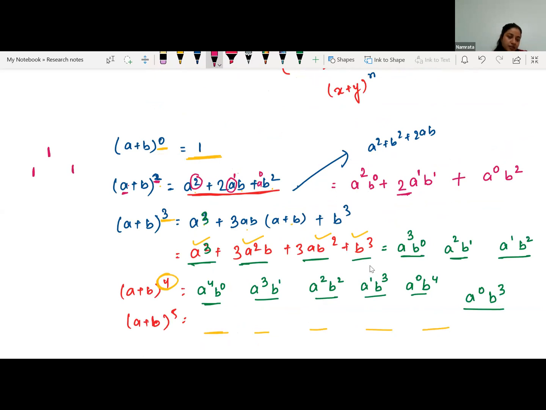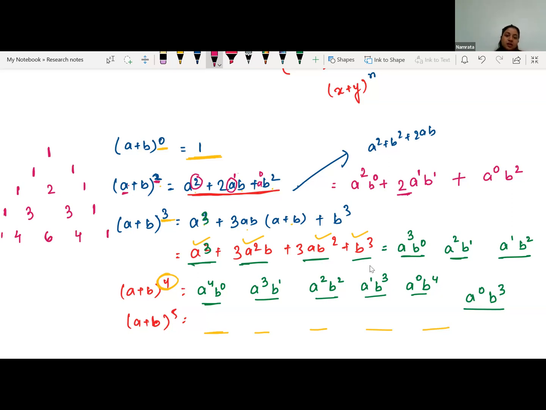After that, we are having this as a 1 and this as a 2 and this as a 1. After a while, I'll explain how we are getting this. 1, 3, 3, 1. Then we are having 1, 4, 6, 4, 1.